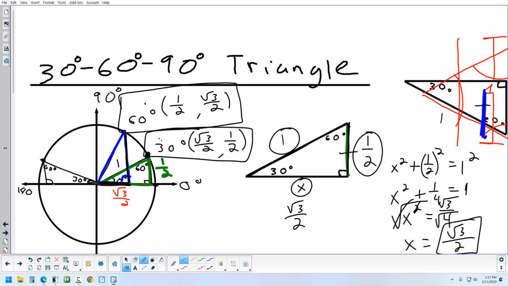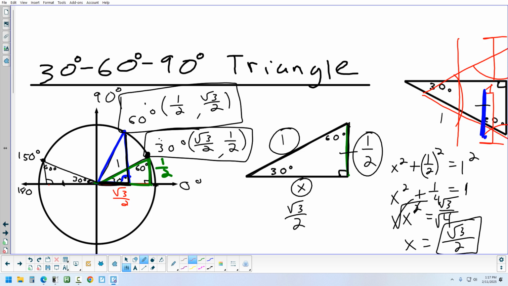That's 90. That's 180. Where is that dot? It's 30 degrees above 180. That would put it at 150. Looking at that triangle, that is the triangle for 150 degrees.